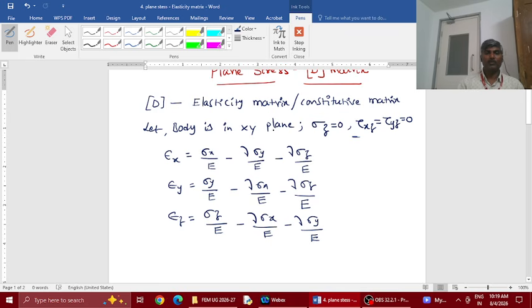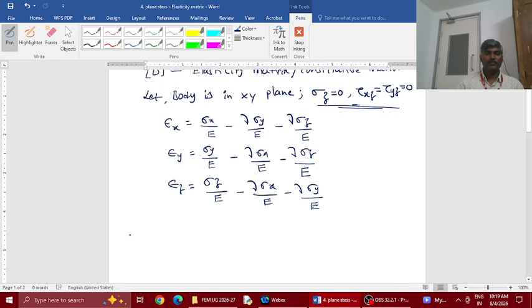Now substitute the plane stress condition into these equations. Epsilon x will become sigma x by E minus nu sigma y by E, since sigma z is 0.